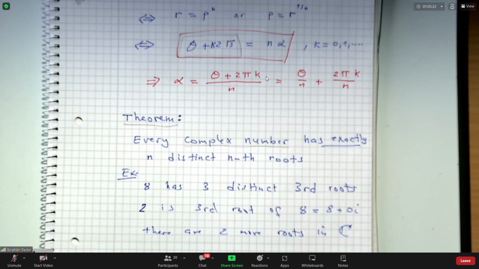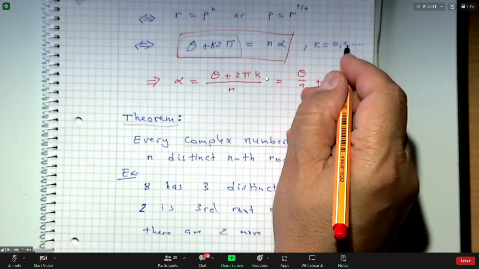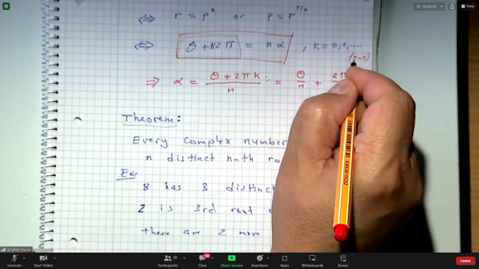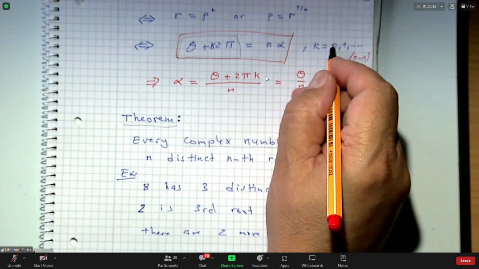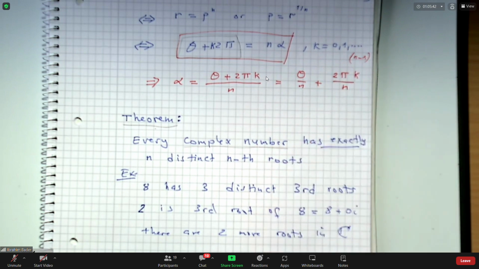Okay. Now, how to evaluate these? Let's continue. We have to stop where? Starting from 0, we have n roots. That means we need to stop at n minus 1. Why? Because if I start counting from 0, then I have n minus 1 as my last counting point, because there I am done.